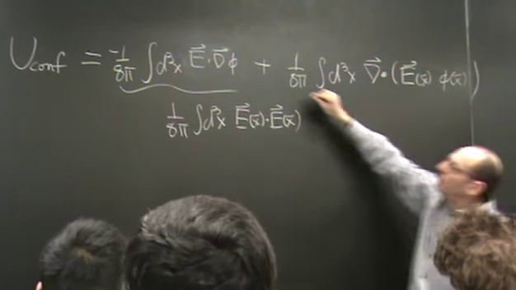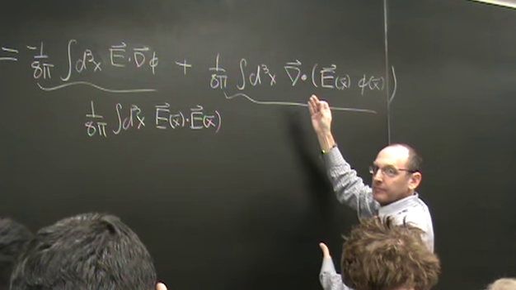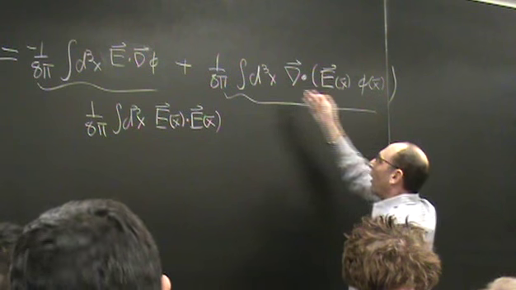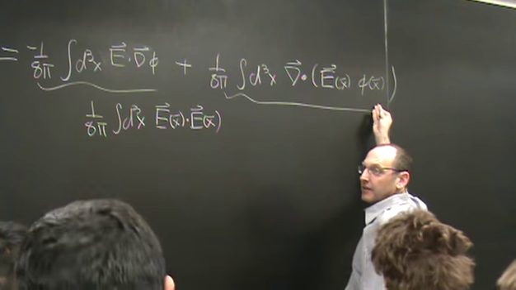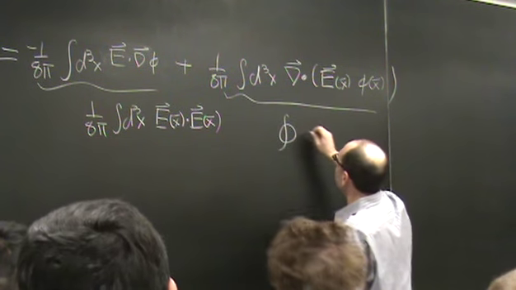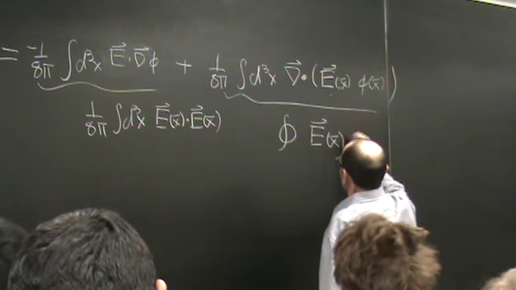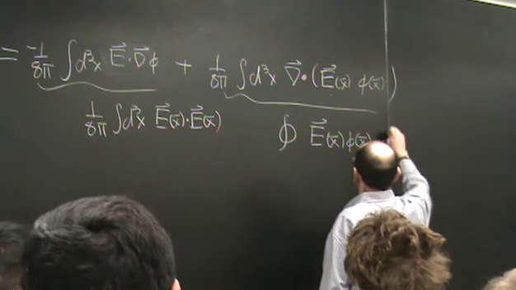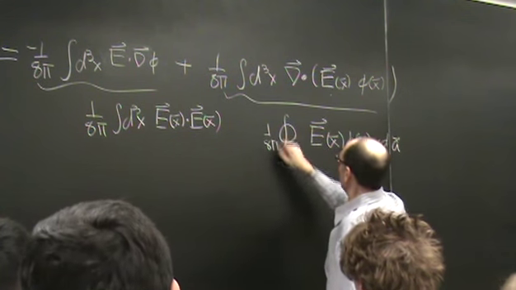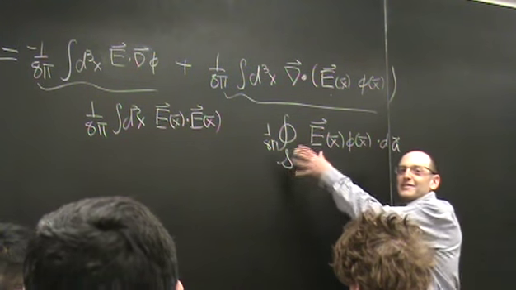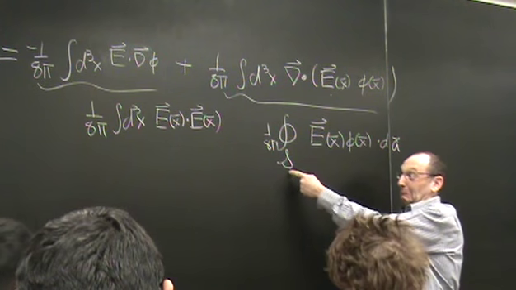This term, well, based on the divergence theorem, the integral over a volume of the divergence is equal to the flux of the antiderivative through a surface. These are, in integration by parts, what we call the surface terms, for obvious reasons.